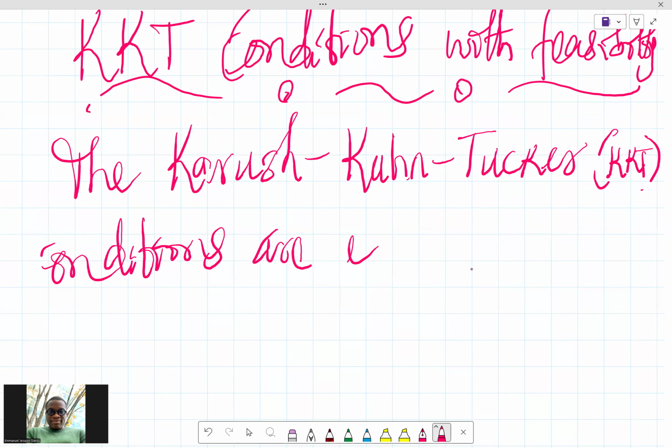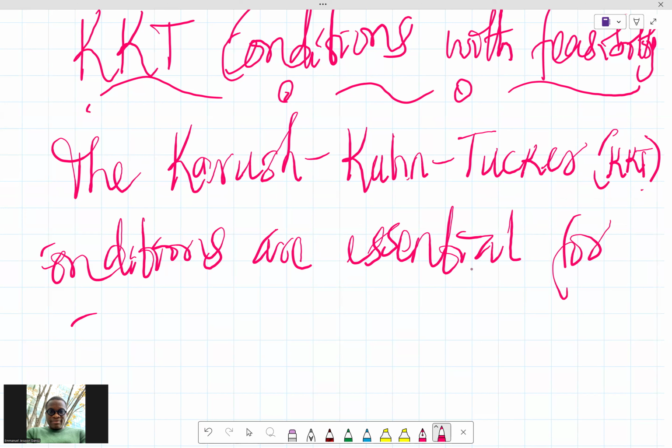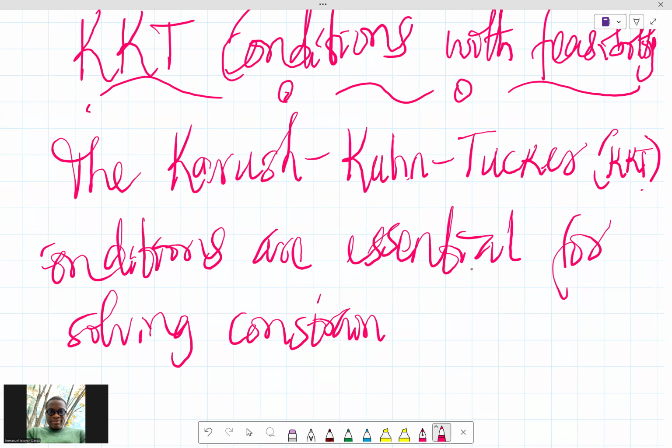are essential for solving constrained optimization problems.